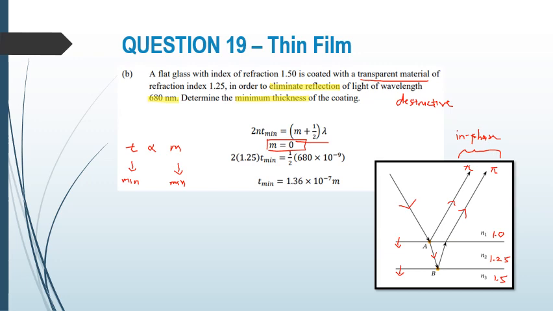If the equation is m lambda, then the minimum m should be 1. I repeat again, the reason we can use 0 is that if you use m equals to 0, you can still get a non-zero thickness in this case. So substitute everything into the equation, and you will get the minimum thickness equal to 1.36 times 10 to the power of negative 7 meter.